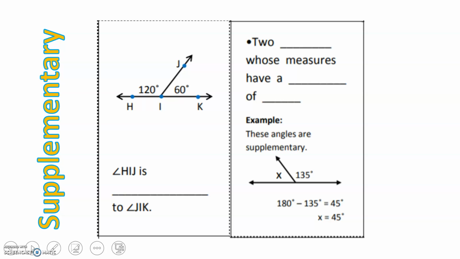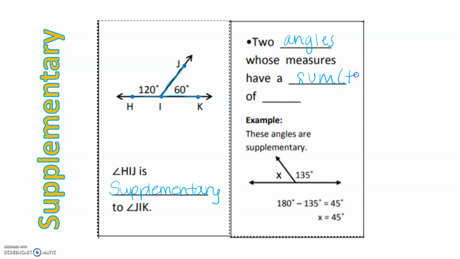So the next one that we are going to go over is supplementary angles. So angle HIJ is supplementary to angle JIK. And what supplementary means is two angles whose measures have a sum, so again, addition, of 180 degrees this time.